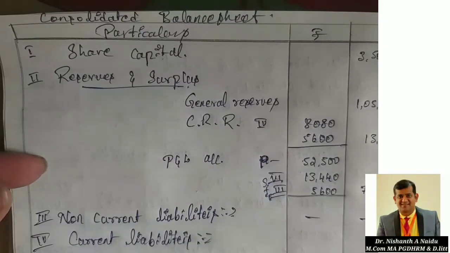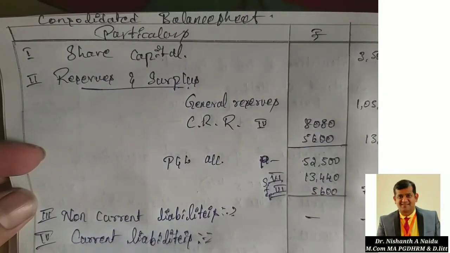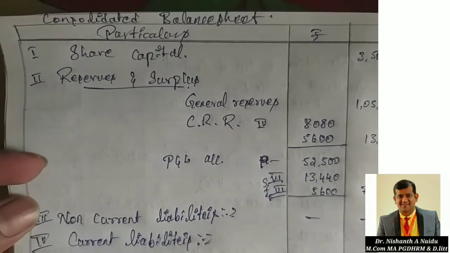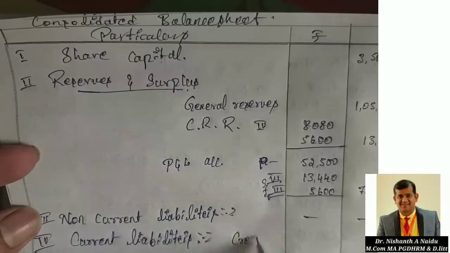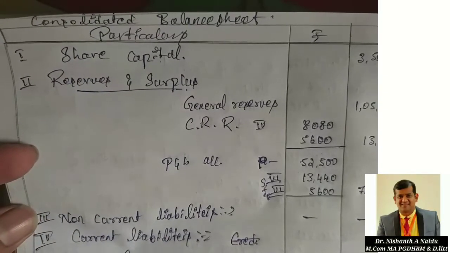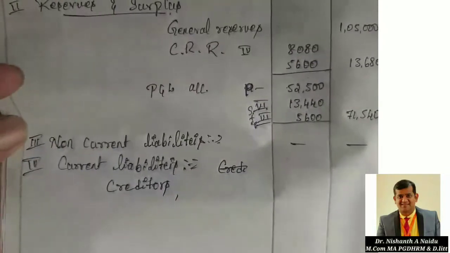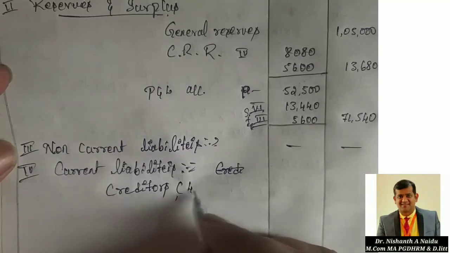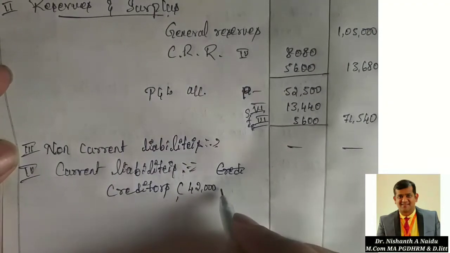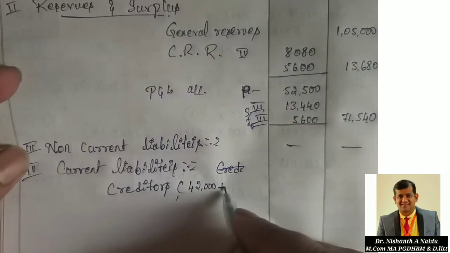First we are going with creditors. P Company Limited creditors value how much? 42,000 plus Q Company Limited creditors value 14,000.